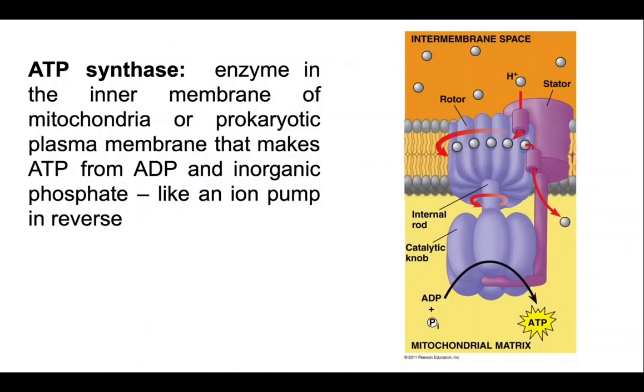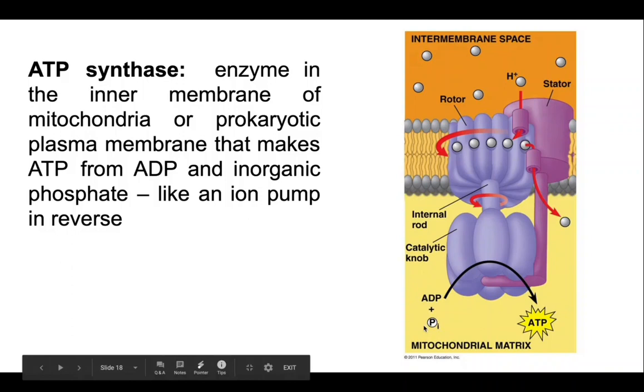The ATP synthase enzyme is located in the inner membrane of the mitochondria. It's going to be what makes the ATP from ADP. So it's like an ion pump in reverse. Basically, as those protons come in, it's going to rotate this internal rod and catalytic knob and catalyze putting this phosphate back on the ADP to make ATP.